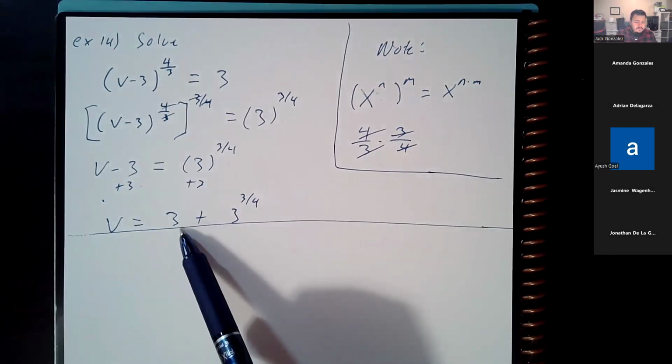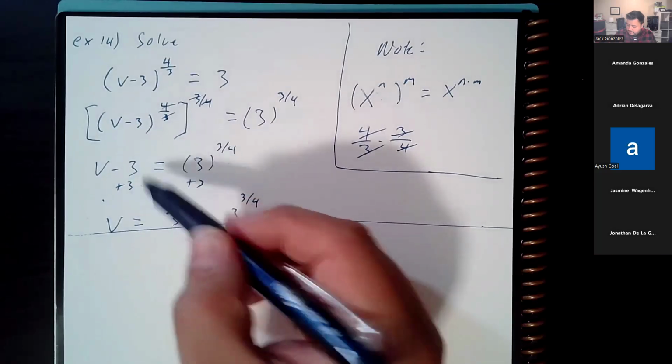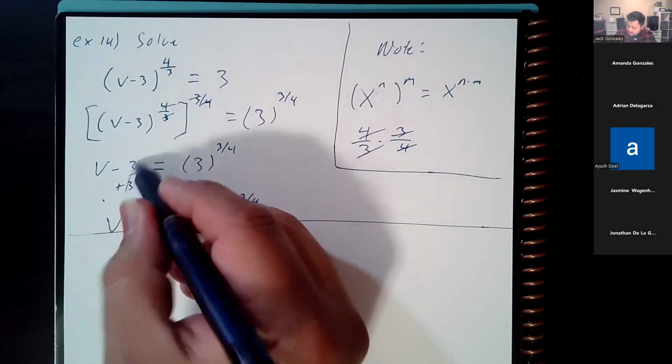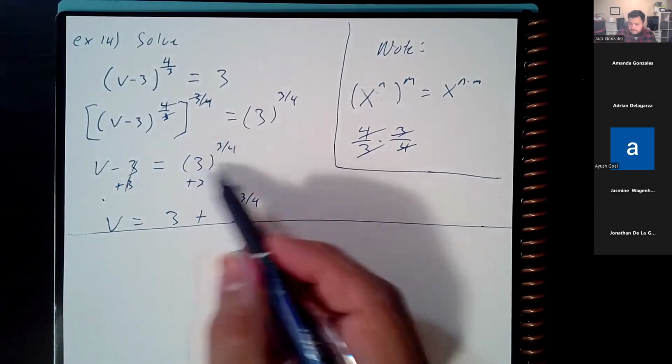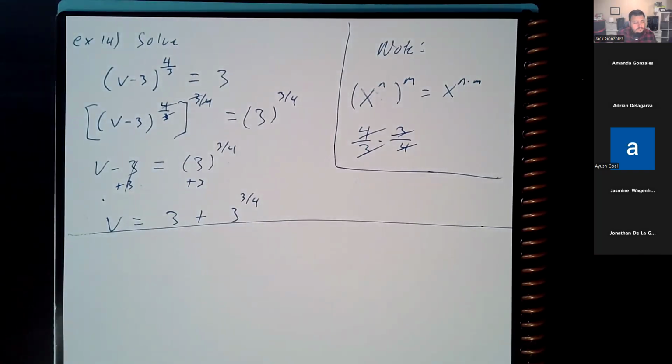So there it is. These threes are gone, right? This right-hand side is 3 plus that. I can't combine them unless you use a calculator to get an approximation. But this is the most exact you can get.